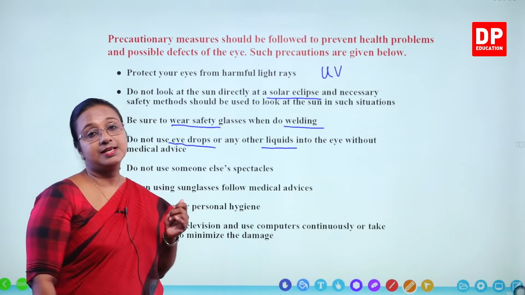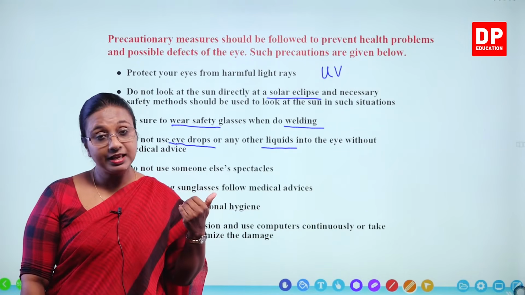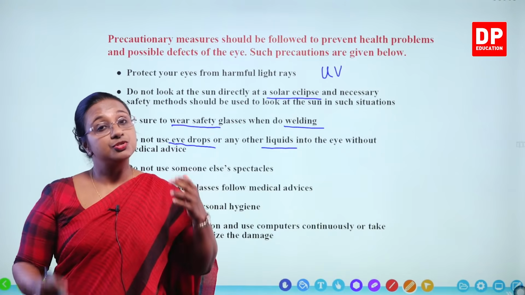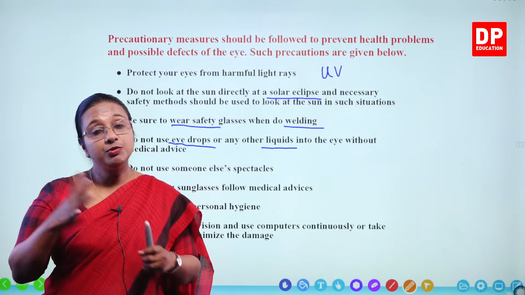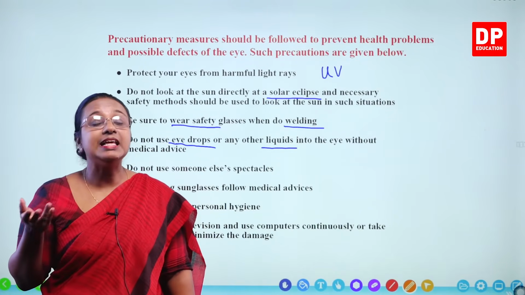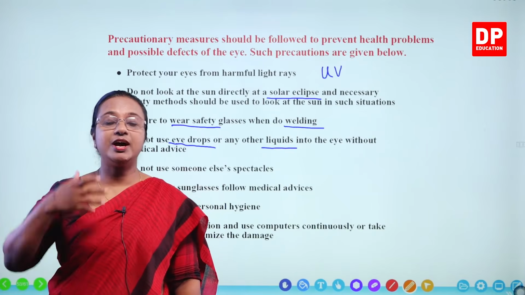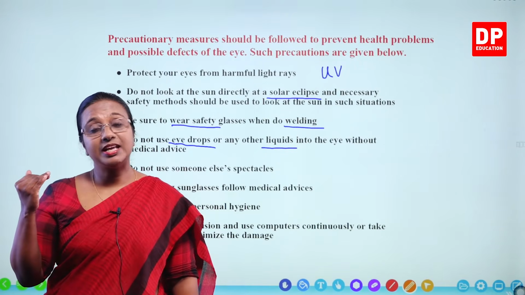Care for personal hygiene. So you know that there can be infections caused to the eye. That again can be prevented by personal hygiene. Don't touch your eyes with unclean hands. You have to always wash your hands, wash your face, be clean so that the eyes do not get infected.